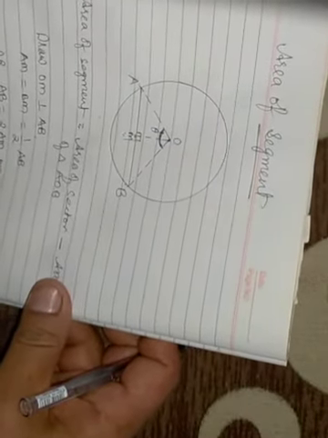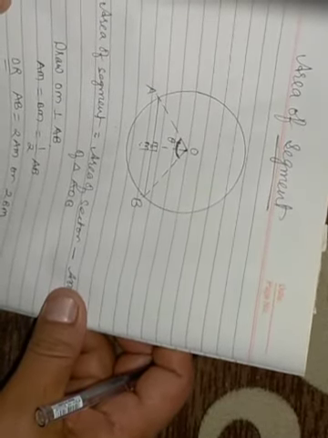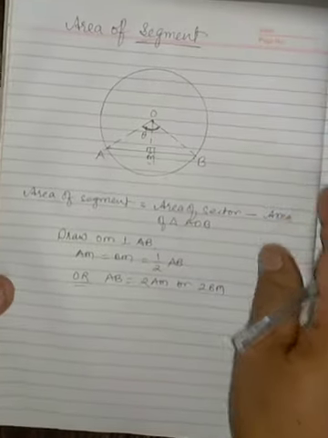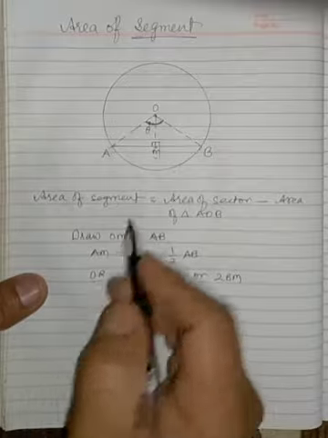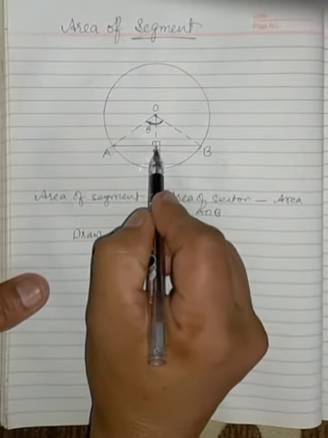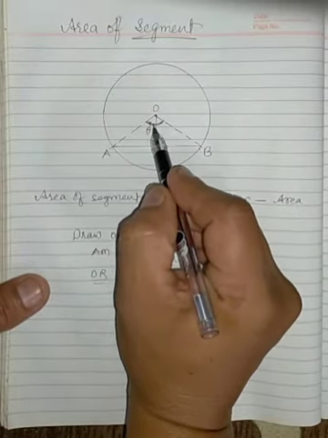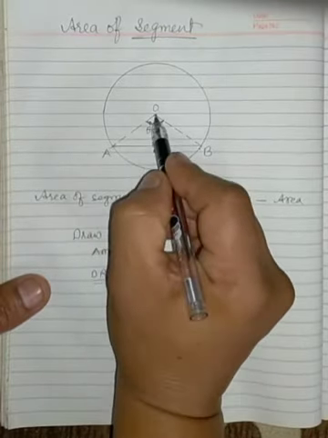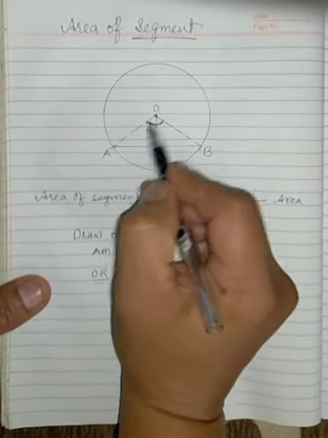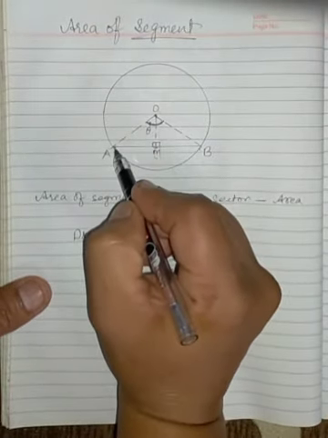Now, if we are finding AM, then in triangle AOM, the radius AO will be given to us in the question, so we can find it using the radius.